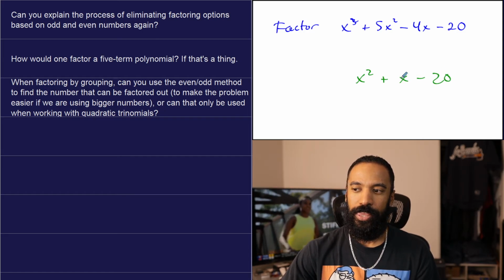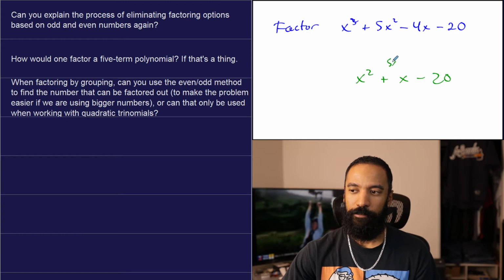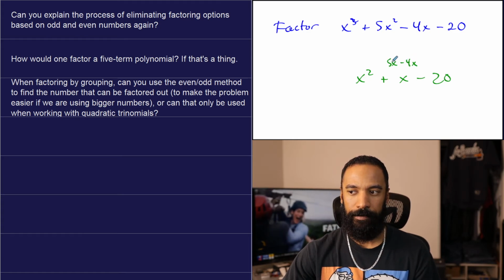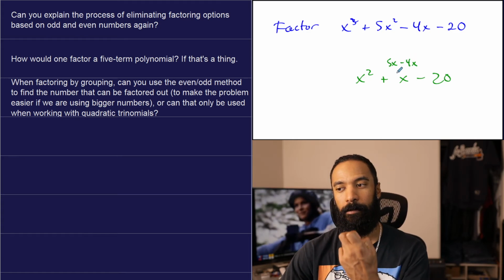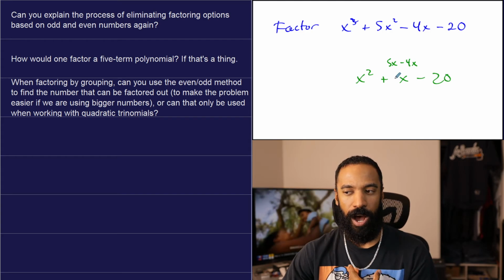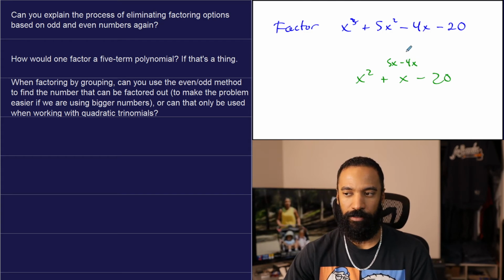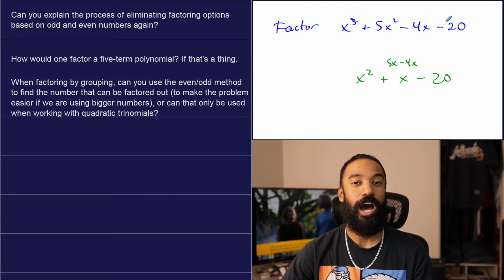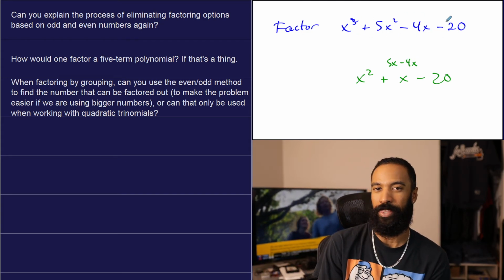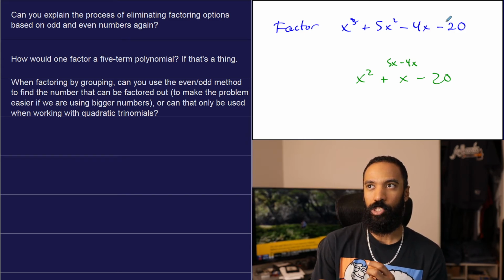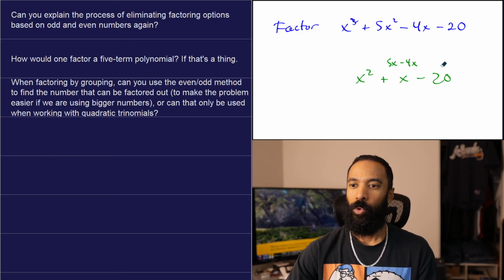Notice in this one, this x is a combination of 5x minus 4x, right? We had to combine two numbers to make this number here, and this number being odd was a result of being an odd plus an even, or odd minus an even, whatever it is. This doesn't have a combination of two numbers to worry about that concept. And there's nothing you need to really guess in this way.